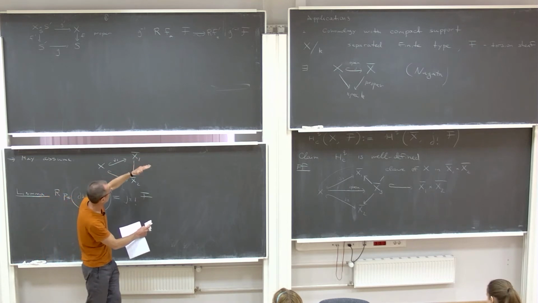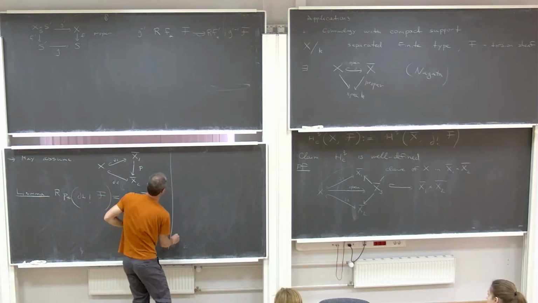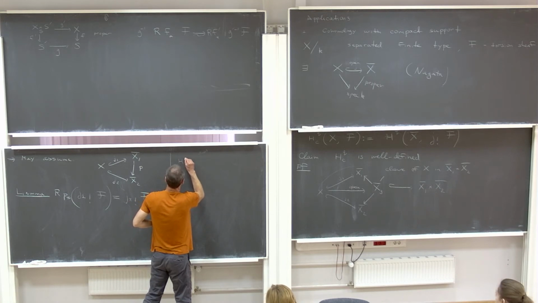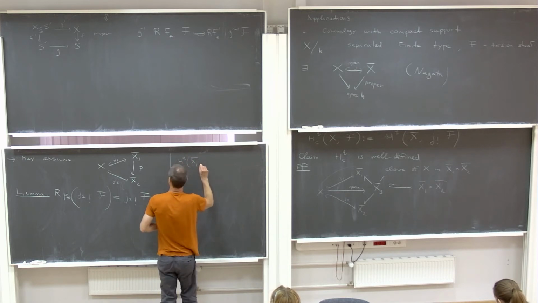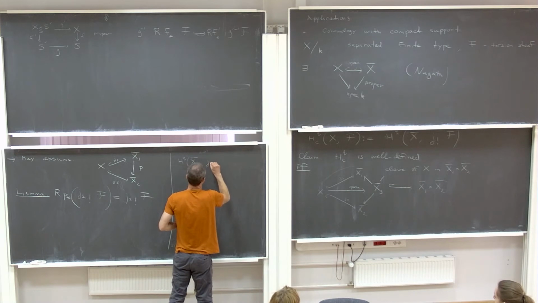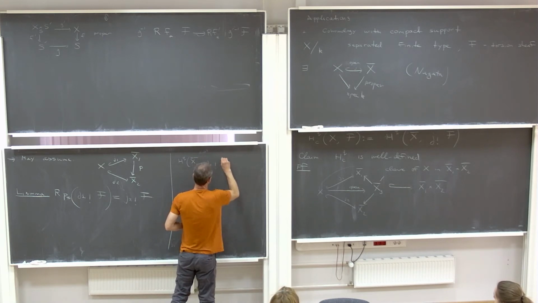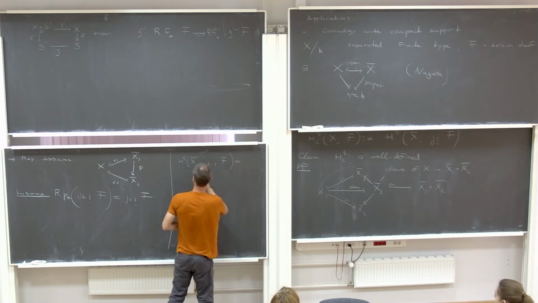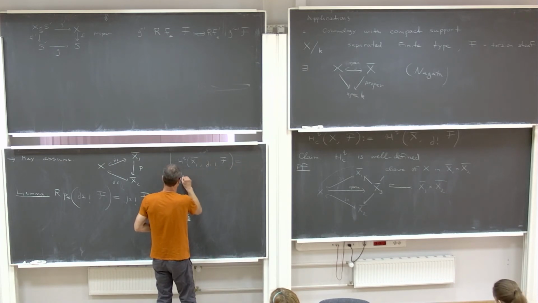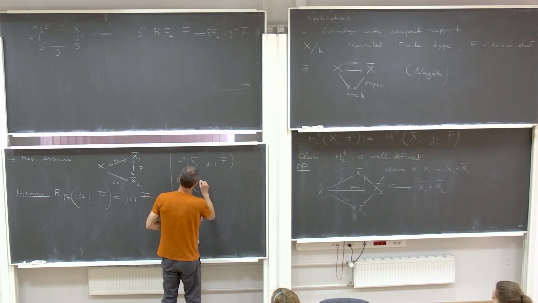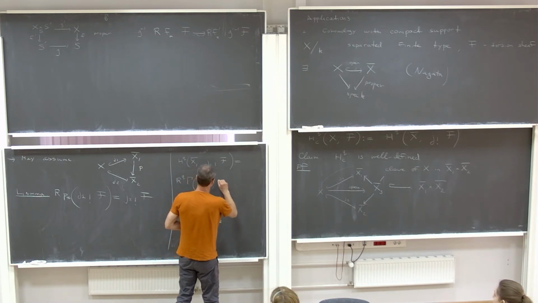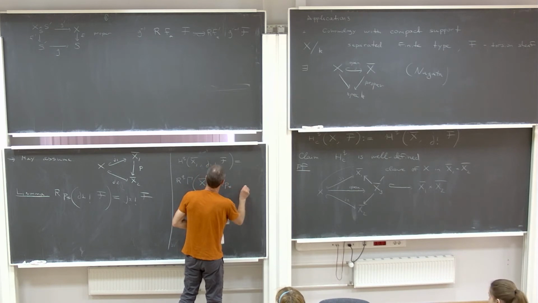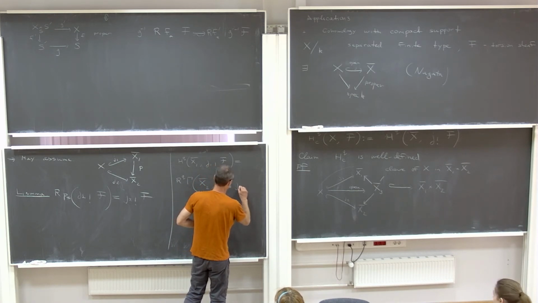So H^q of X1 bar with coefficients in J1 lower shriek of F is the same as R Gamma of X2 bar with coefficients in R P lower star of J1 lower shriek F.